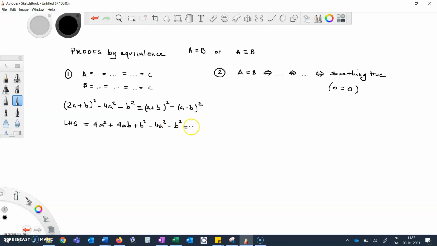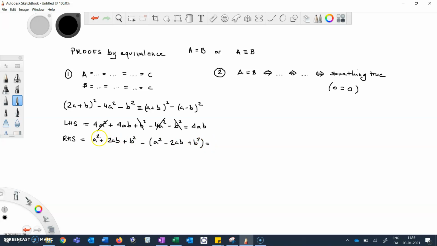This gives me 4ab, because you see this one cancels this one, and this element cancels this one, so we are just left with the common product. The right-hand side is going to be equal to a squared plus 2ab plus b squared from the first term, minus, and then I can open the parentheses, a squared minus 2ab plus b squared.